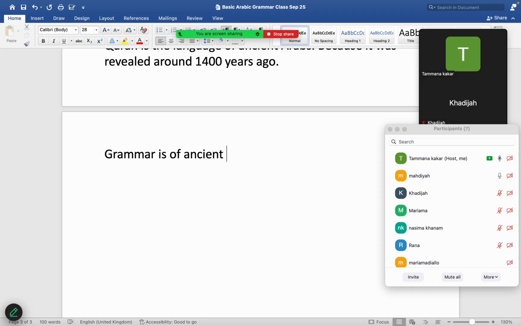Well done. And why is the Quran that old? Because it was revealed to the Prophet around 1,400 years ago. Very well done. Yes, ancient Arabic. So that is the Quran. Okay.